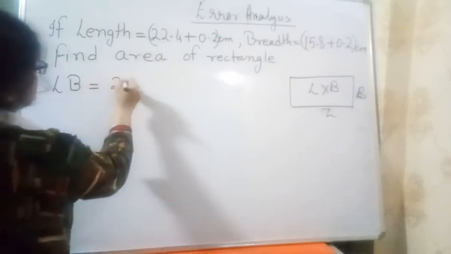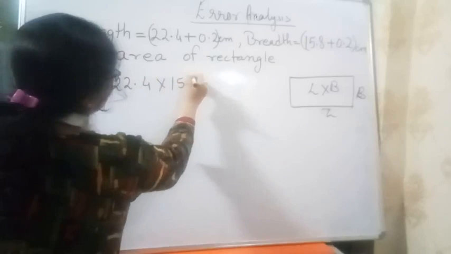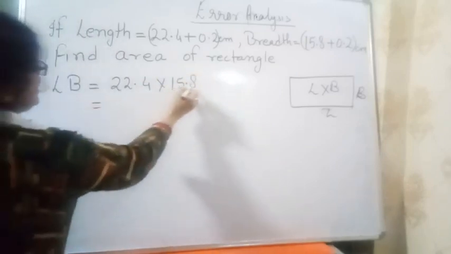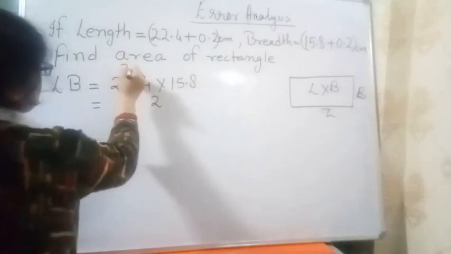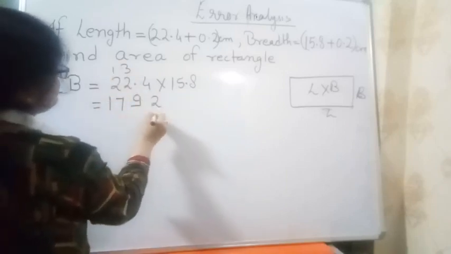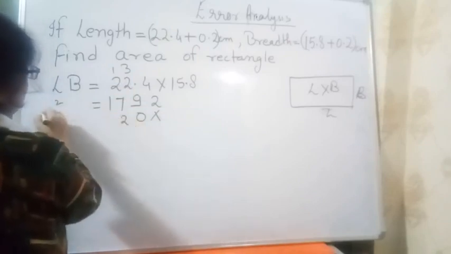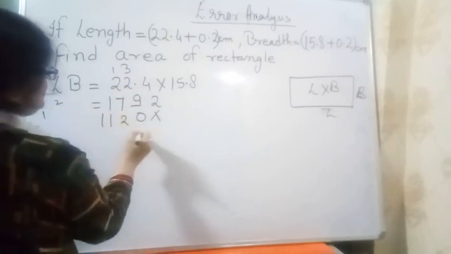That means we just multiply 22.4 with 15.8. Now do it. 8 4s are 32, 3, 8 2s are 16, 3, 19, 8 2s are 16, 1, 17. 5 4s are 20, 2, 5 2s are 10, 11, 12, carry 1, 5 2s are 10, 1, 11.